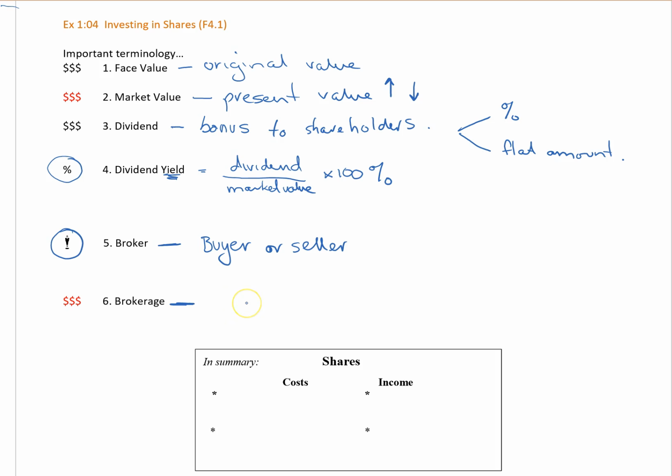So, like I said, you employ a broker to watch this for you, and he, of course, expects a fee. He expects some money for that, so it's a fee paid to the broker. Now, it's a little bit like commission when you sell your house. And the broker is a little bit like an agent.